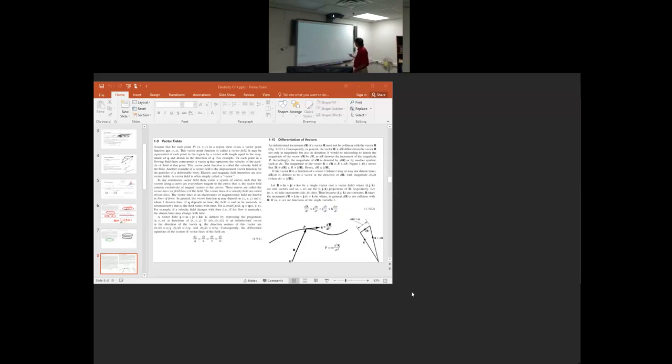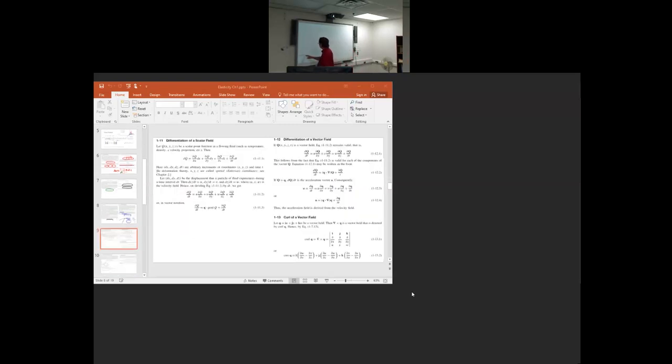If this is the position vector r, and the first derivative is velocity, which is the vector field q, then the second derivative will give us Newton's law, which is if you multiply this by mass, you will get the force, and therefore the second derivative of the r vector is acceleration.